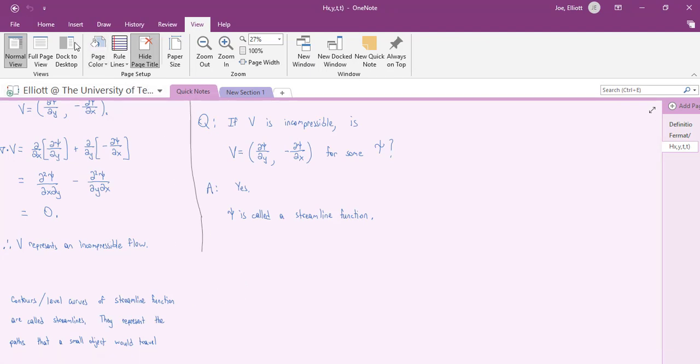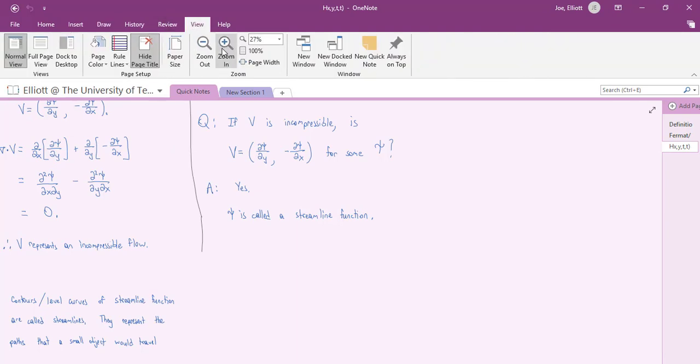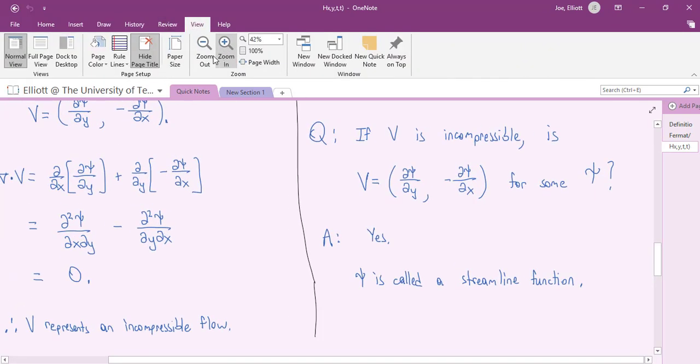So now I just want to talk a little bit about the importance, or the significance, of having a streamline function.